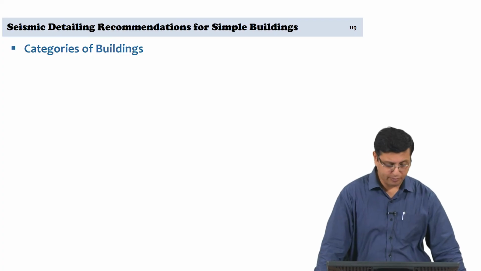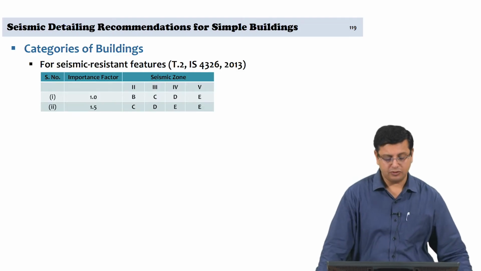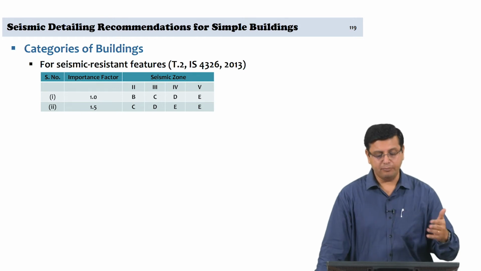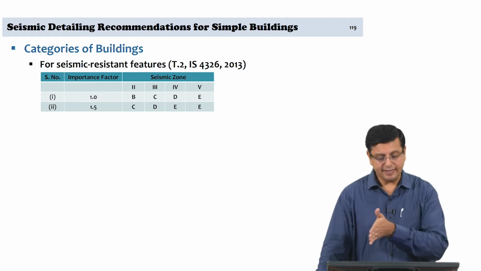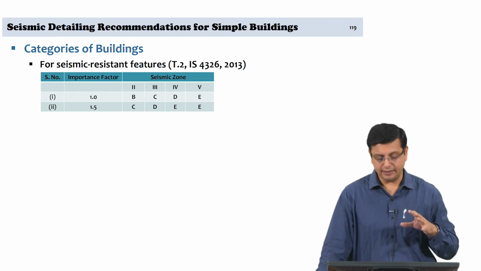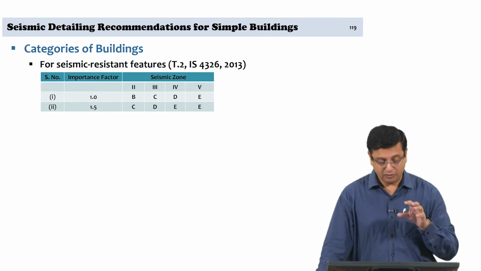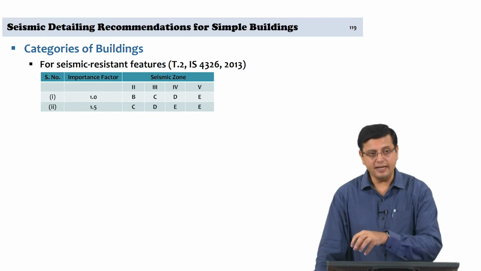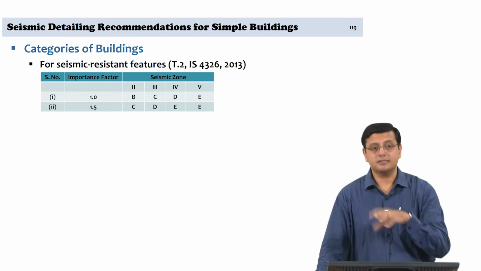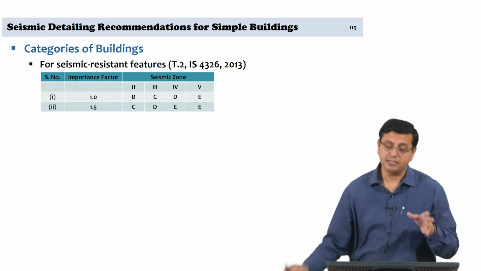So, if you remember the categories of buildings that we were talking about defined by IS 4326 2013, depending on the seismic zone 2, 3, 4 and 5, we were looking at importance factors 1 and 1.5 and categorizing buildings as B, C, D and E. So, what IS 4326 then says is, if you are designing these simple buildings within category B, C, D or E, these are the minimum requirements that you must ensure are constructed so that you have desirable seismic performance.